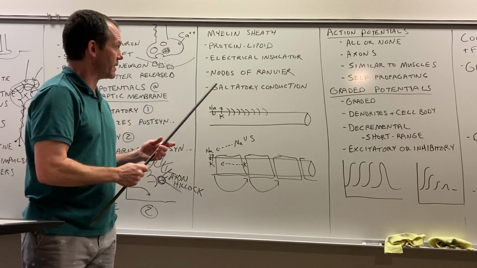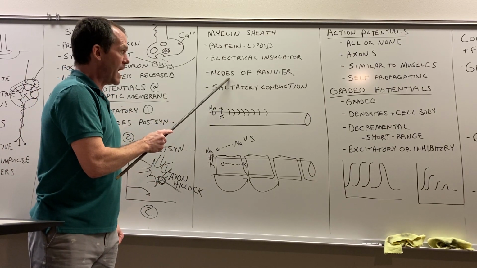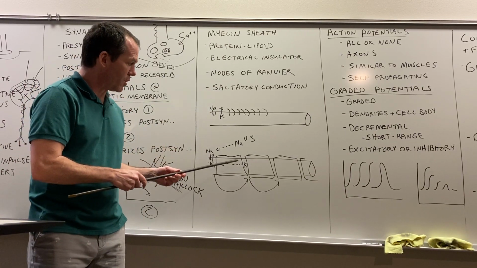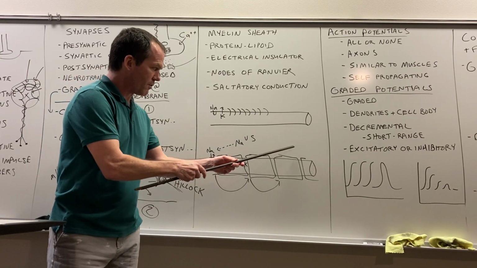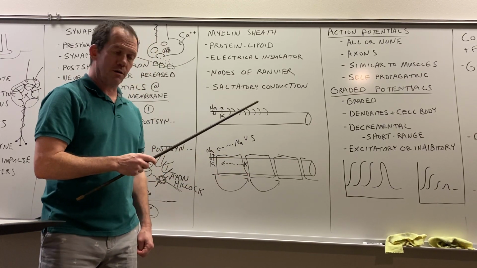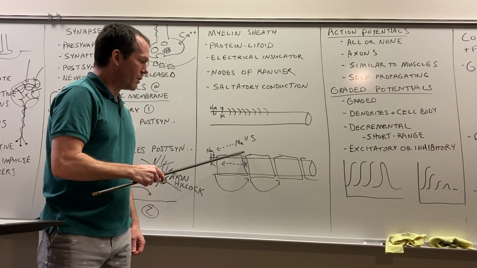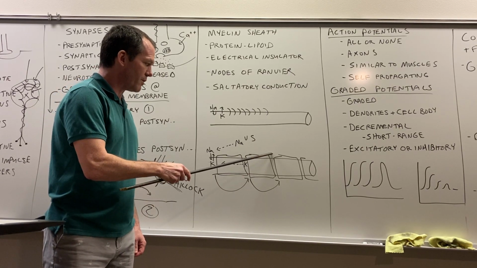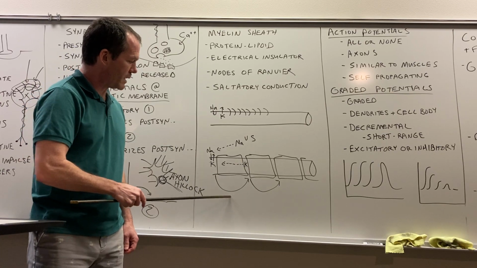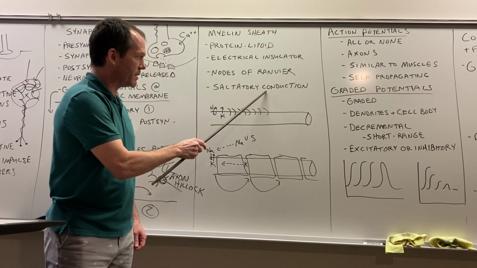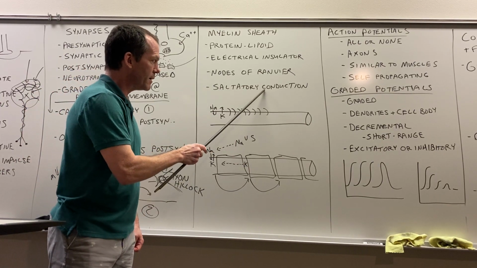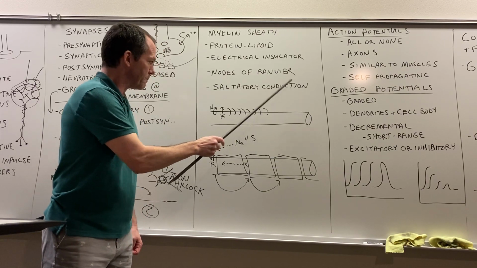It's an electrical insulator. The gaps in between those are called nodes of Ranvier. So this is a node of Ranvier, this is a node of Ranvier, and here's the little saltatory conduction, which just means jumping conduction of electricity.